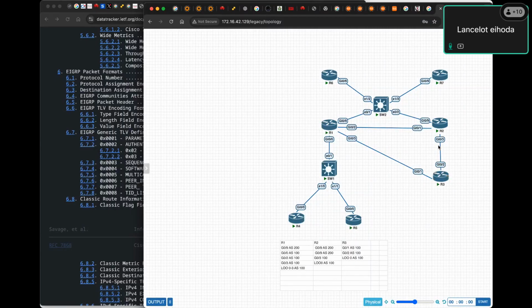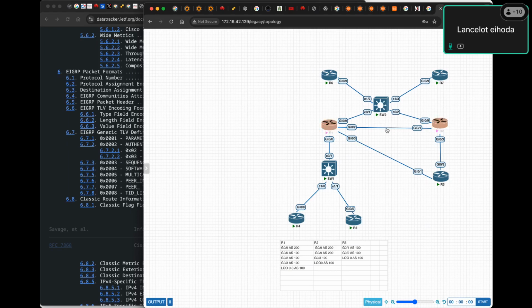But because these networks, let me explain, are all gigabit Ethernet, we haven't changed anything on them. So they actually have equal distances. That's why it's putting both of them in there.